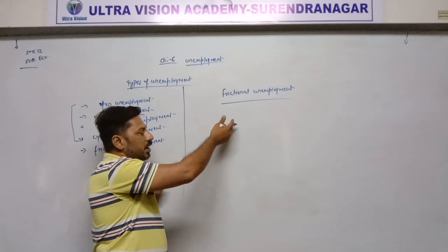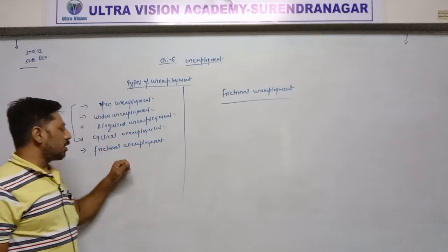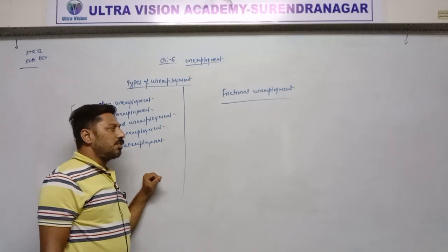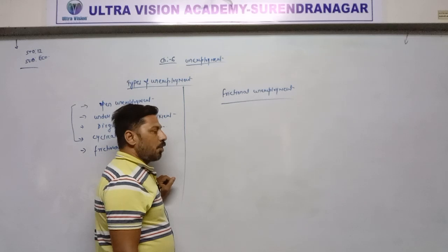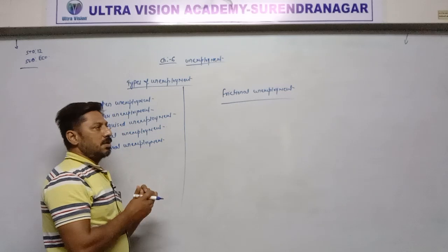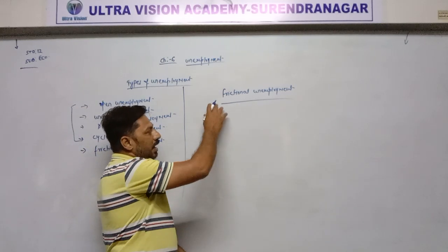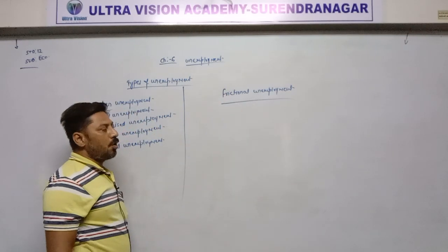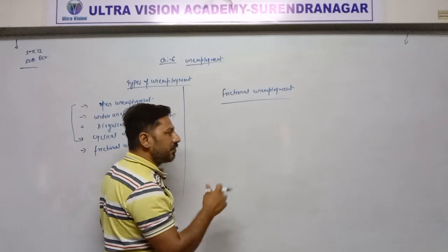So whenever new technology is adopted by any business unit, in that case, the workers or the laborers working with old technology, they have to be removed from the work for some time. Till then, they will not learn new technology. Means for a short time period, they become unemployed. That type of unemployment is called frictional unemployment. But such type of unemployment is only for short term. Reason, once they learn new technology, again they will get work.